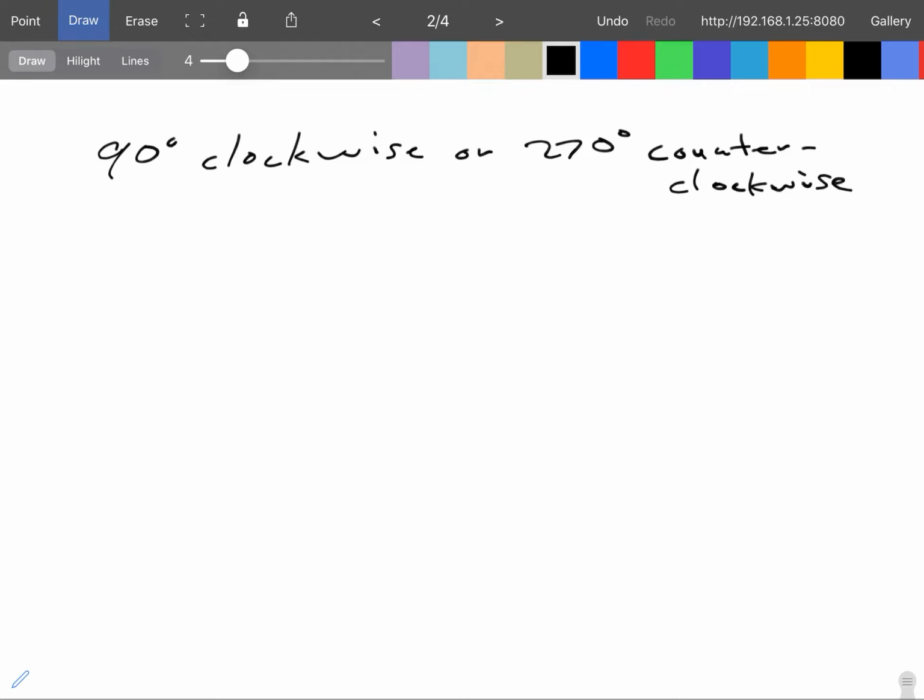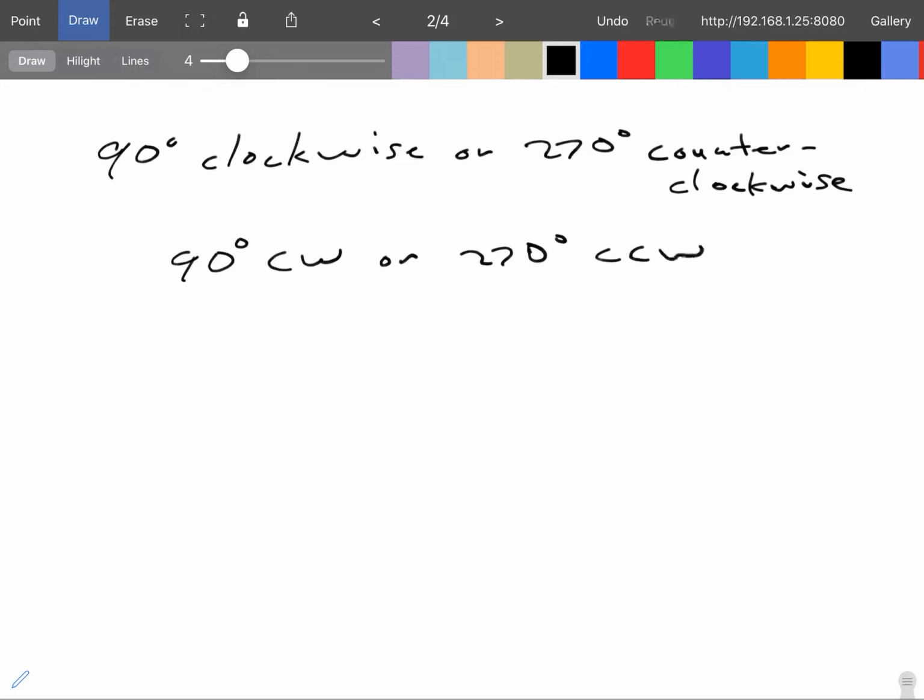So how I'm going to abbreviate this for you guys is I'm just going to say that's 90 degrees clockwise or 270 degrees counterclockwise. I'm going to abbreviate it like that.